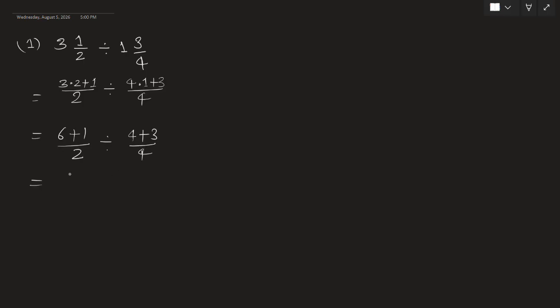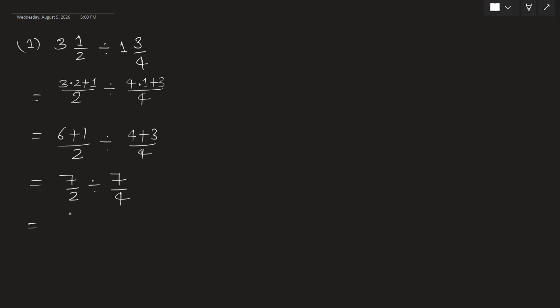So 6 plus 1 gives us 7 over 2 divided by 4 plus 3 gives us 7 over 4. So now we have the real problem, which is a fraction divided by a fraction. So how do we solve a fraction divided by another fraction?